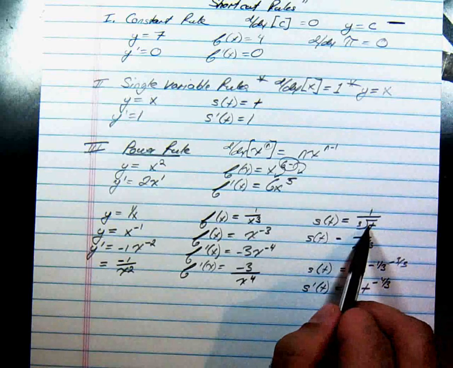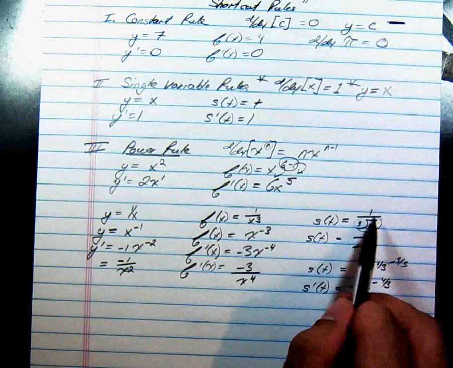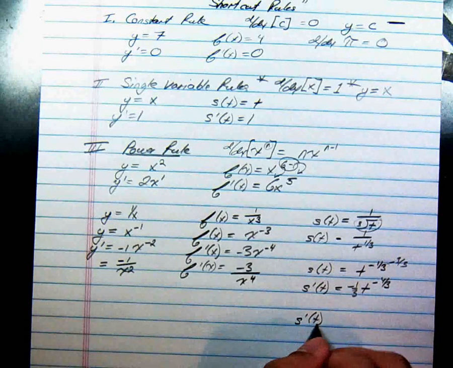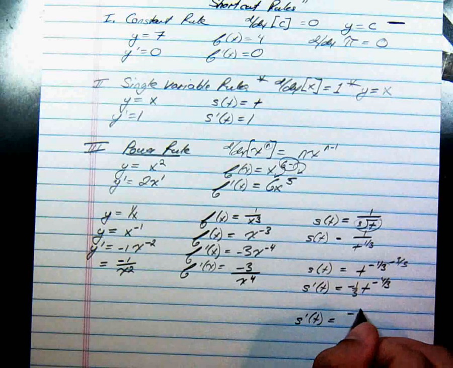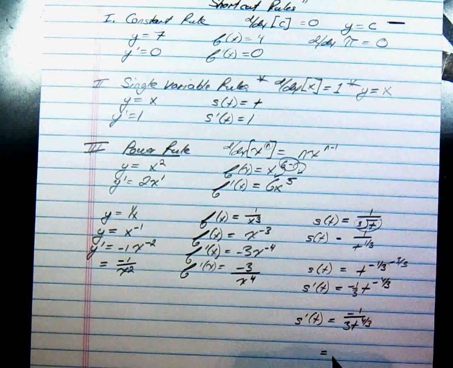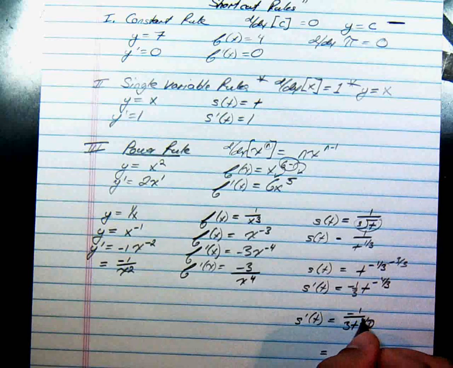Now we got it. It was given to us in radical notation, so let's go back to that. So we know that s prime of t is going to be equal to negative 1 over 3t to the 4/3 power. And one more time to be done. This is the index, this is the exponent.